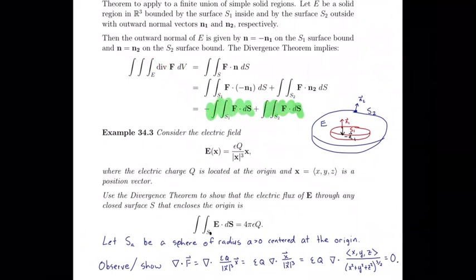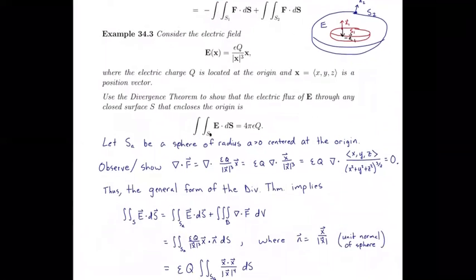So what that tells us in our problem is that if we fit a little sphere inside of the surface S1, thanks to just the nature of this vector field, we'll be able to say that the flux through this surface, this flux integral, is equal to this flux integral for that tiny little sphere that we fit inside the larger surface enclosing the origin. So that means we don't have to calculate it on any general or arbitrary surface. It'll just match whatever the sphere's flux integral is.